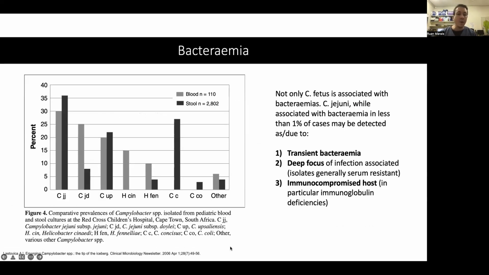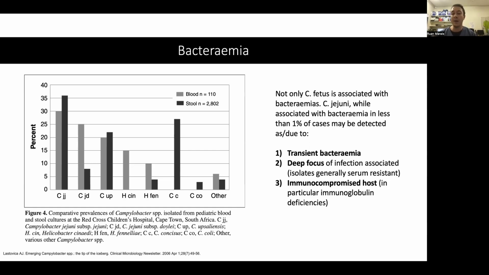So in terms of non-Campylobacter fetus, there are cases where you have a bacteremia from jejuni. That may be due to 3 factors. It may be a transient bacteremia, or a deep focus of infection, often with these isolates also being serum resistant, or it may occur in an immunocompromised host.